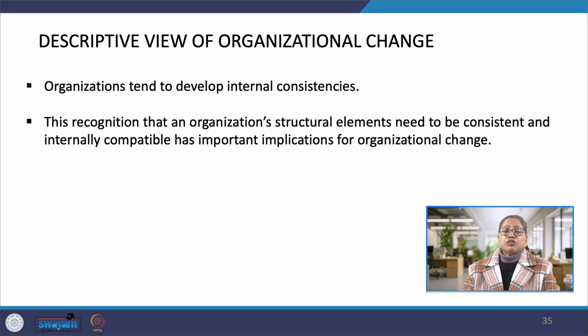This recognition that an organization's structural elements of authority patterns, span of control, centralization, specialization, and standardization need to be consistent with internal compatibility has an important implication for organizational change. So, we have suggested that when organizations change, the change will be comprehensive.